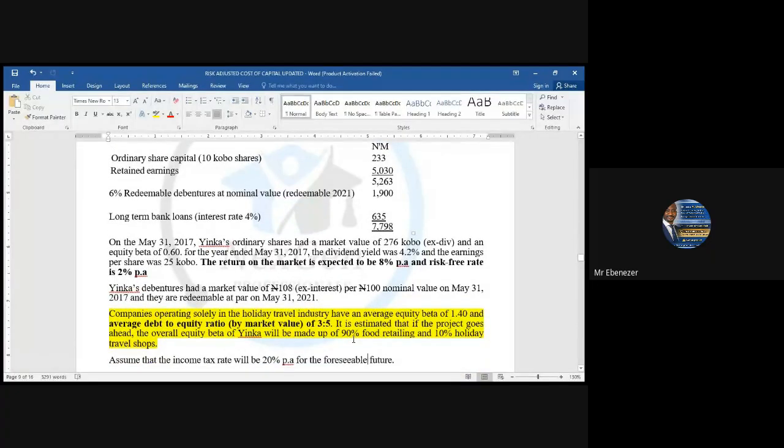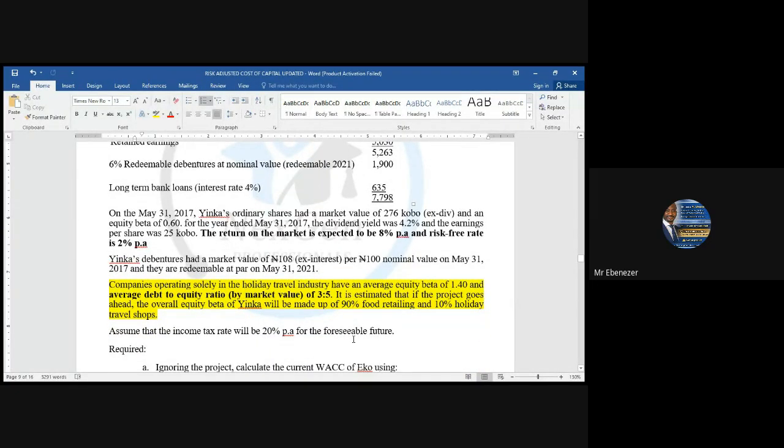Okay. Go ahead. On May 31st, 2017, Yinka's ordinary shares had a market value of 276 kobo XD and an equity beta of 0.60. For the year ended May 31st, 2017, the dividend yield was 4.2% and the earnings per share was 25 kobo.